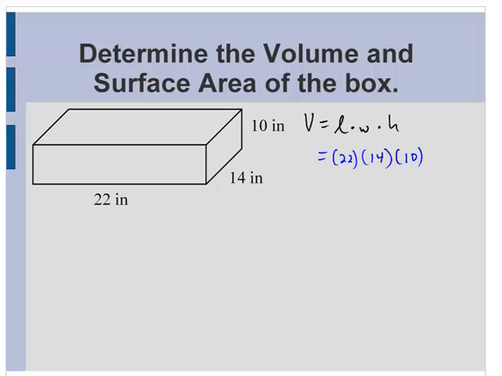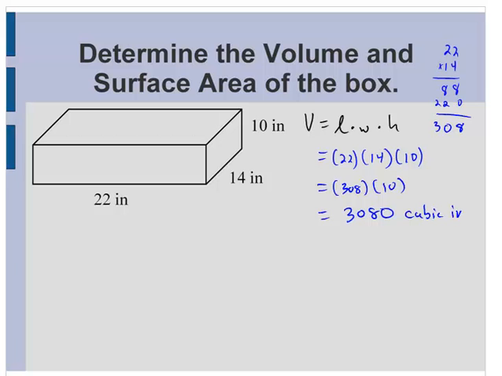Let's see, 22 by 14 is 308. And so we would have 3080. And the units, being three-dimensional, are basically taking a third power. We'd have cubic inches.